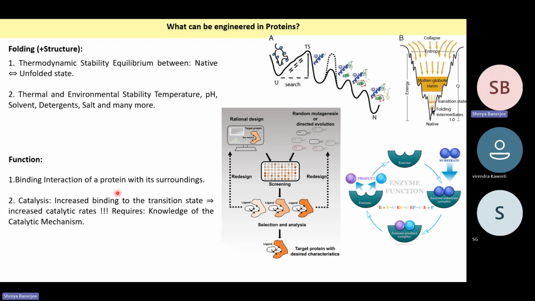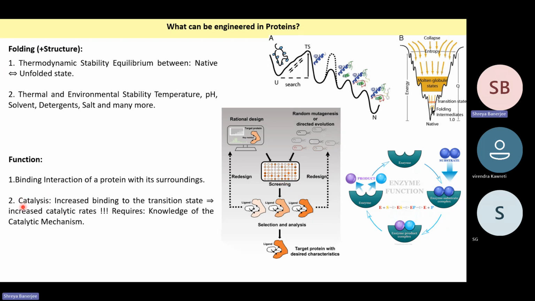So that will be a positive mutation. So by mutating the protein, we can increase its binding affinity to the target ligand. Sometimes we can even change the binding specificity and make it bind to a completely new ligand. So there are different ways. These are the different things a person might want to do while doing protein mutations.